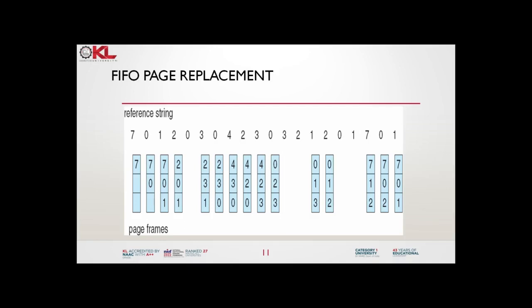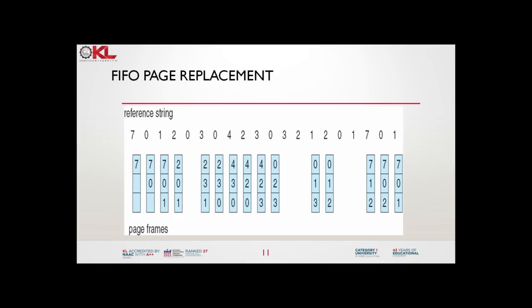So till now, how many page faults have occurred? 4 page faults, right? Now let us see the next one, 0. 0 is trying to enter the main memory, but if you observe clearly, this 0 already exists in our main memory frames.